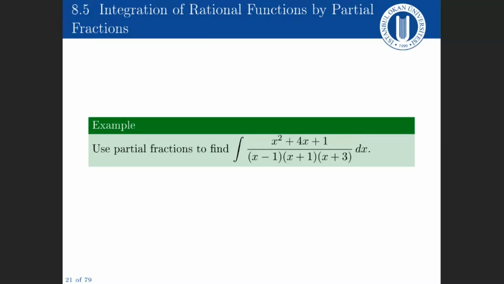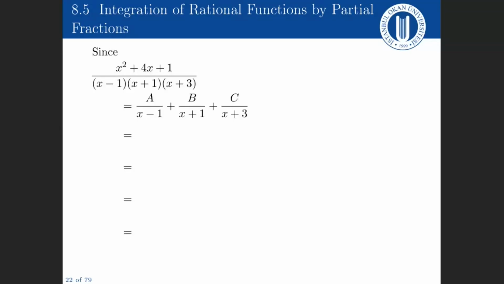Use partial fractions to find the integral of (x^2 + 4x + 1) divided by (x - 1)(x + 1)(x + 3). We need to use partial fractions for an integrand like this.